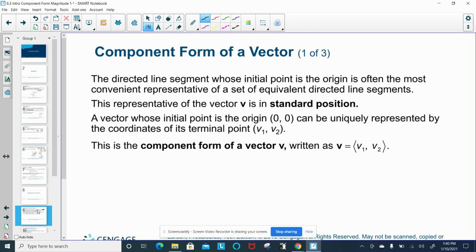Well, first of all, the component form of a vector uses these very strange pointy brackets. And it represents the horizontal component and the vertical component. So in our last vector, that one that was 3, 2, we would represent that way. It has 3 in the horizontal direction and 2 in the vertical direction.